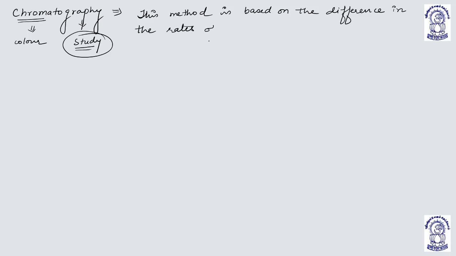This method is based on the difference in the rates of adsorption. Adsorption means surface absorption, as you know.